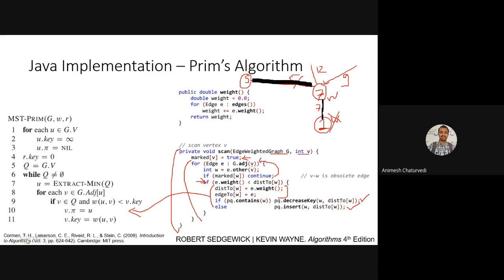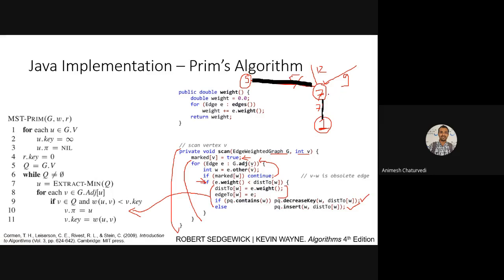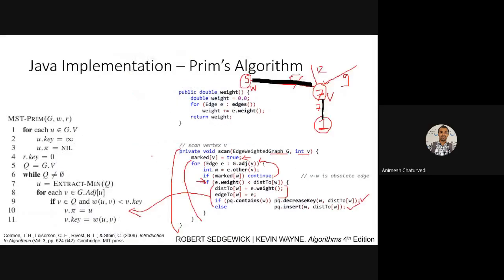In the first iteration, V would be this, and this was with W. In the second iteration, this will be V, and all the edges were explored, and this will be the W, and W was the least one, and the least one would be added. So this is how Prim's algorithm and the theory works.